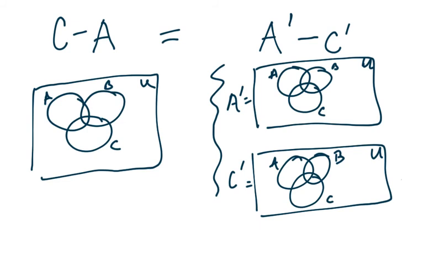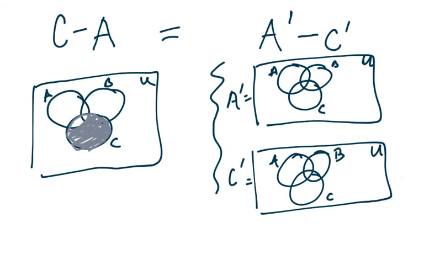So let's first do C minus A. C minus A, remember, is everything in set C minus whatever's in A. So I'm going to shade this kind of crescent moon area right here. This gray shaded region represents C minus A.